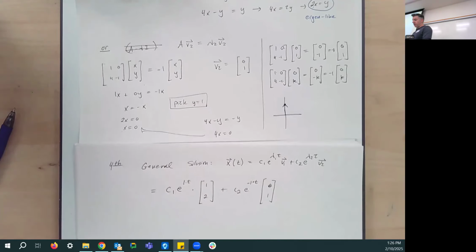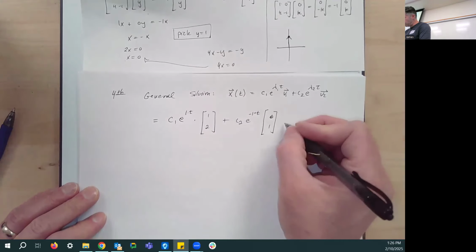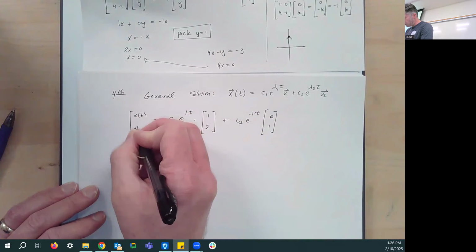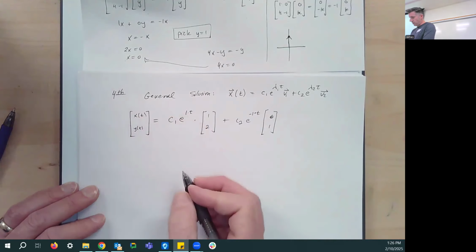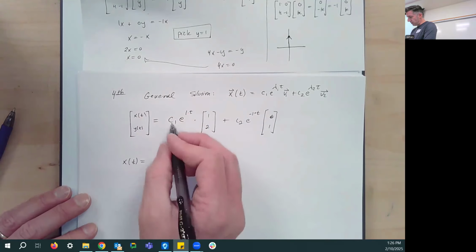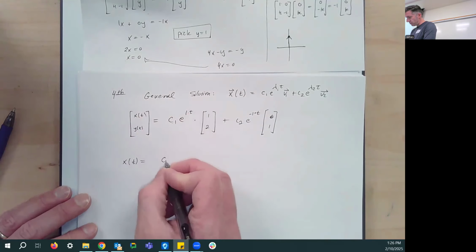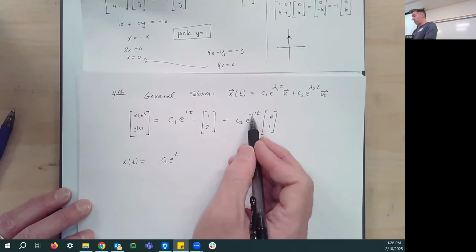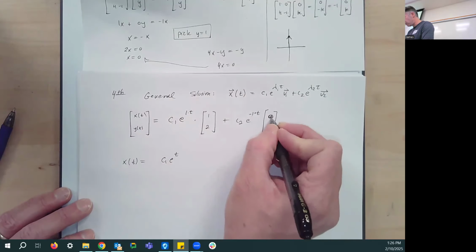And if we want to separate our solutions into x and y, because this is supposed to be x in the first coordinate and y in the second coordinate, we've got x of t equal to c1 e to the t times 1 plus c2 e to the -t times 0, which I'm not going to write down. And my 0 looks kind of terrible there.